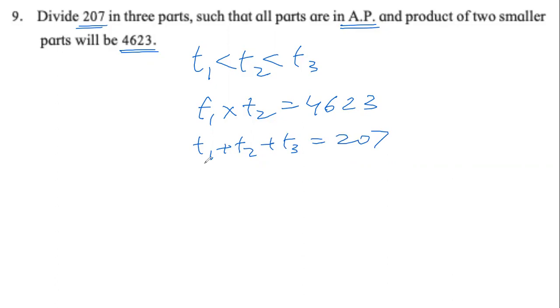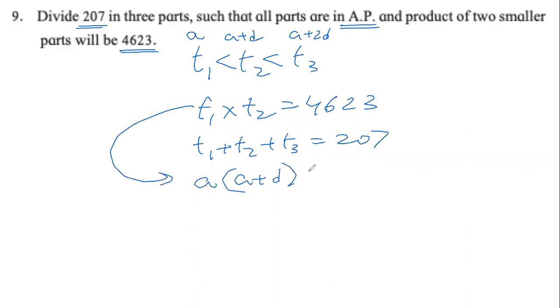We already know that we are not able to solve questions just by writing T1, T2, T3. We will have to write in terms of A and D. Okay, if this is A, then this will be A plus D, and this will be A plus 2D. So T1 into T2 actually becomes A into A plus D, which is equal to 4623.